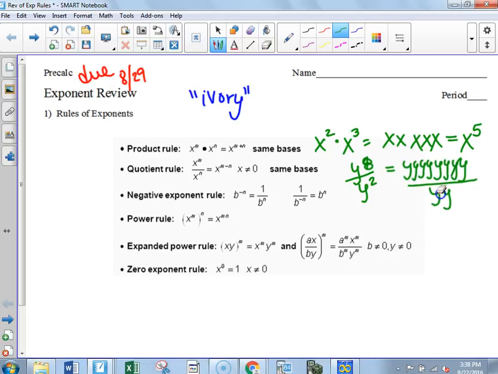We like to say cancel, it's really divide out. You would divide out 2 y's and you'd be left with a y to the 6th. All right, a negative exponent, I like to say cross the line, change the sign.